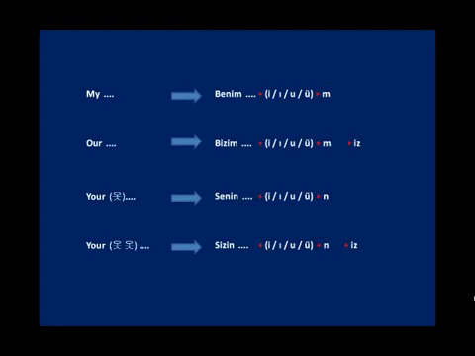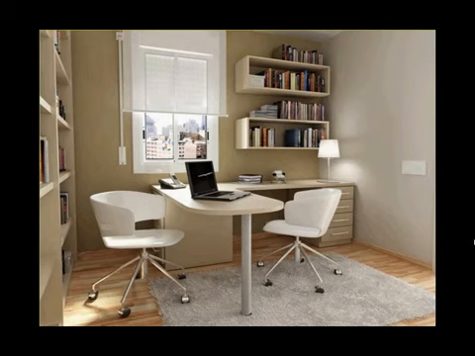So, let's see. This is a room, as you see. Let's learn some vocabulary. Halı, carpet. Duvar, wall, duvar. This is also used for Facebook.